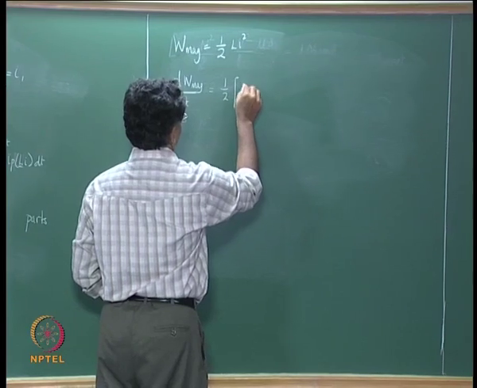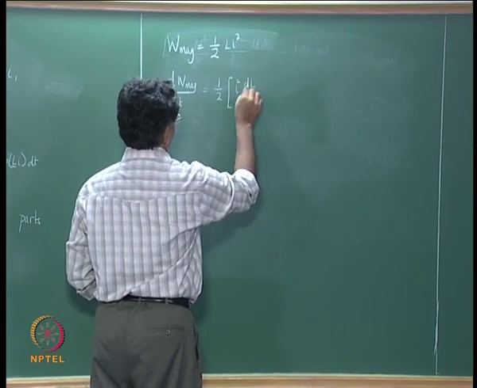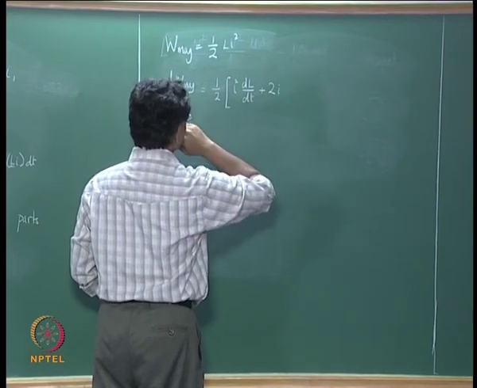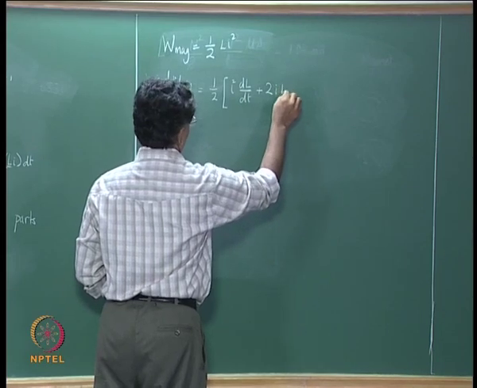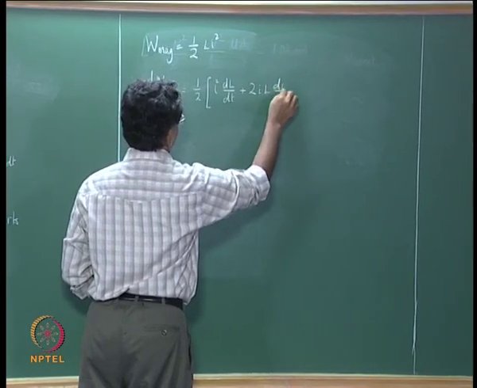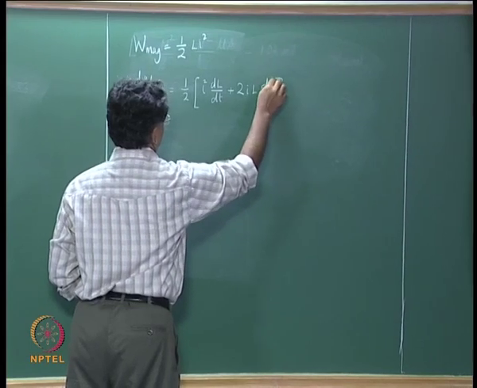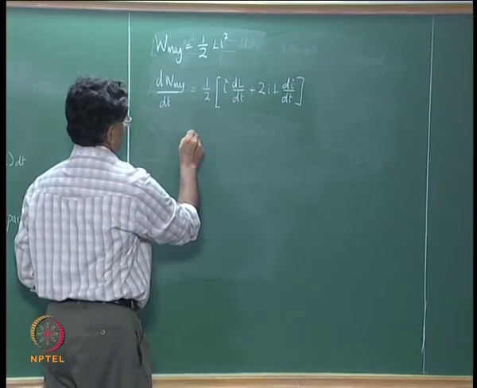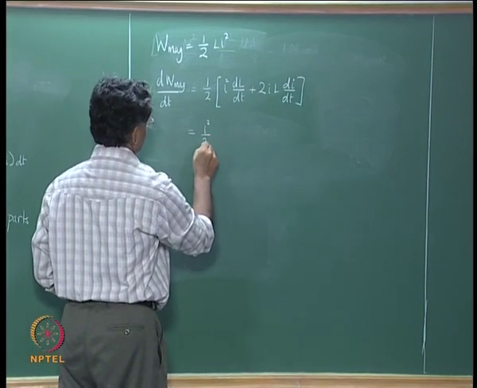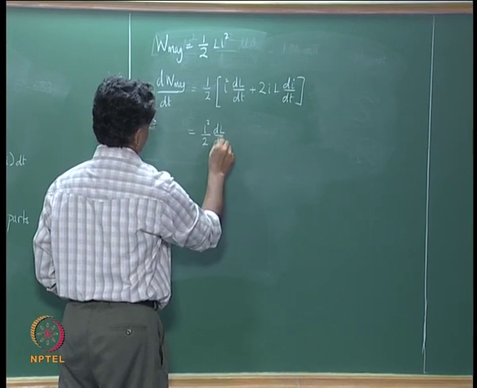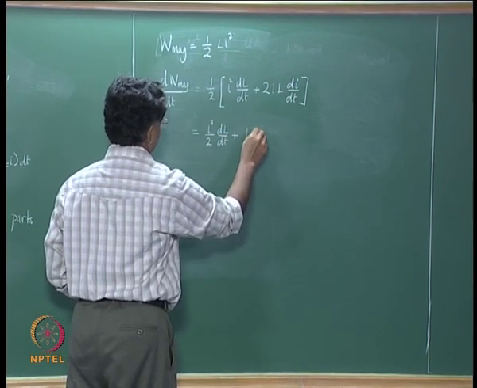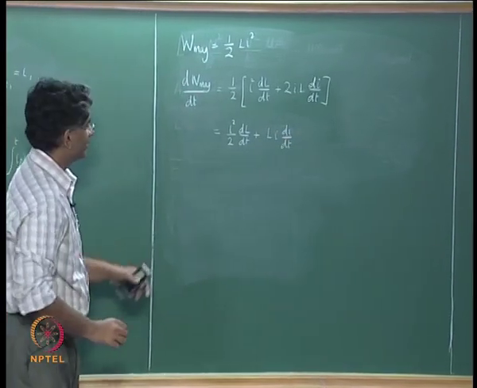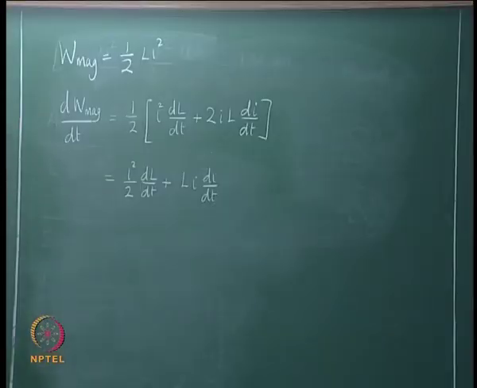Therefore, this is I square dL by dt plus 2I L di by dt. Right. So this is I square by 2 dL by dt plus L I di by dt. This is the rate of change of magnetic field energy.